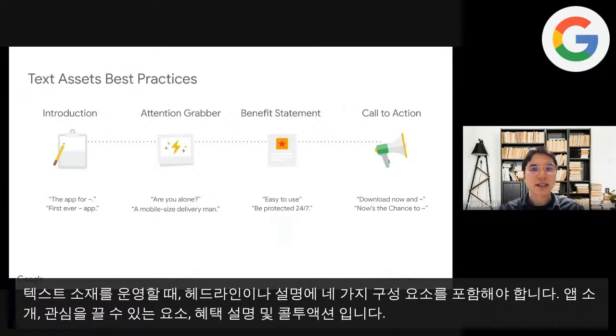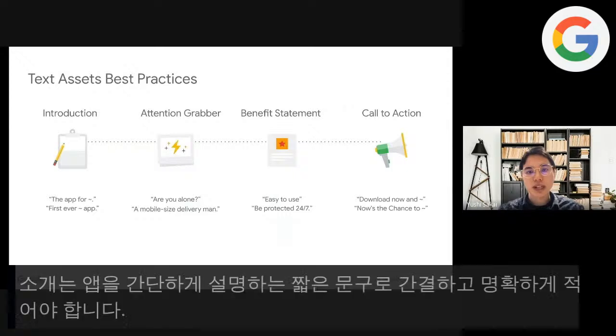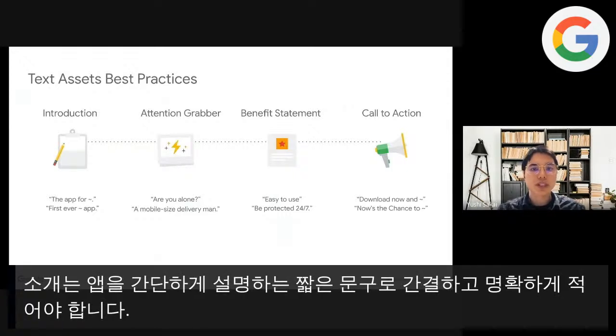Regarding text assets, you need to include all 4 components in your headlines or descriptions. They are introduction, attention grabber, benefit statement, and call to action. Introduction is a short phrase which describes your app in a simple way. Next is attention grabber.